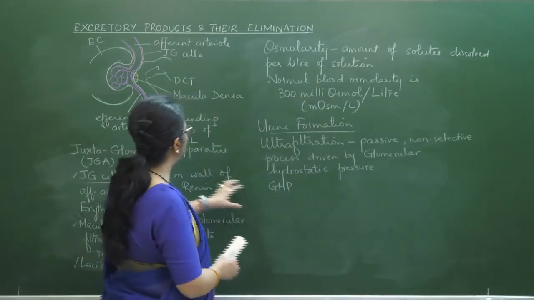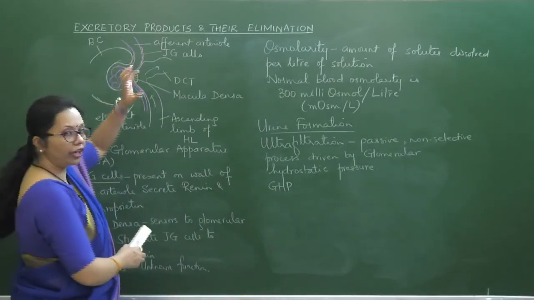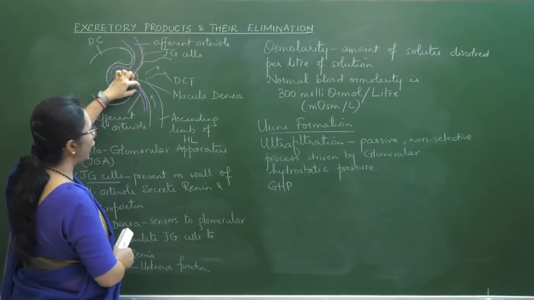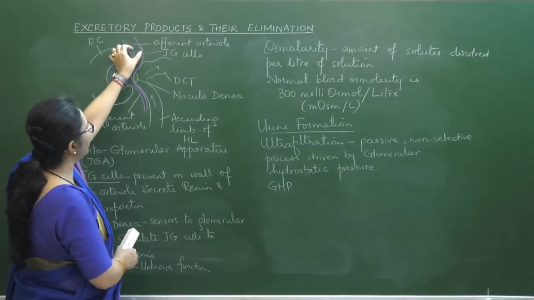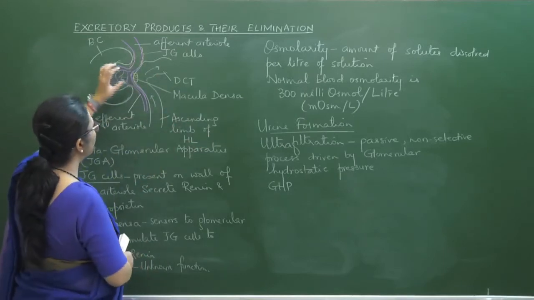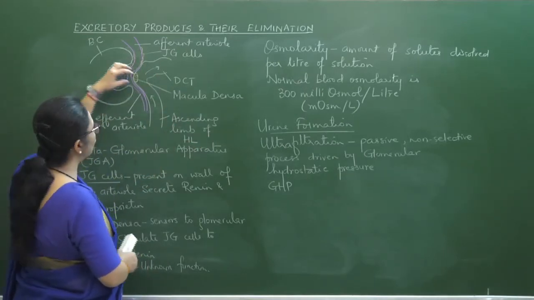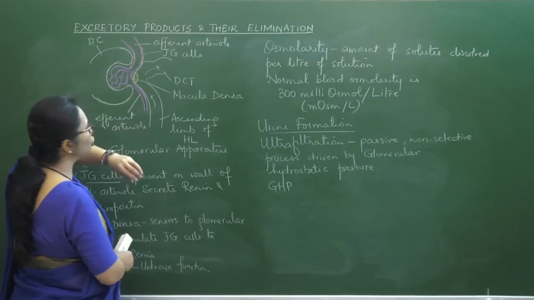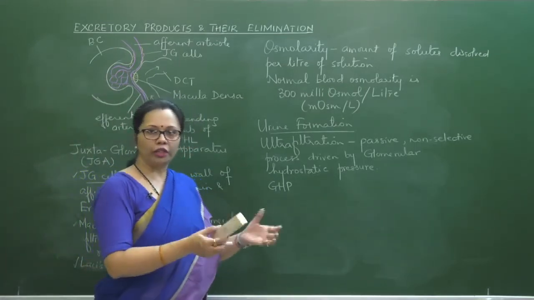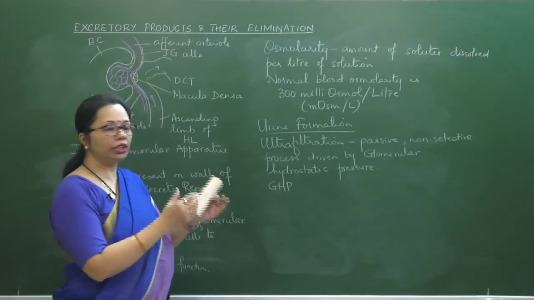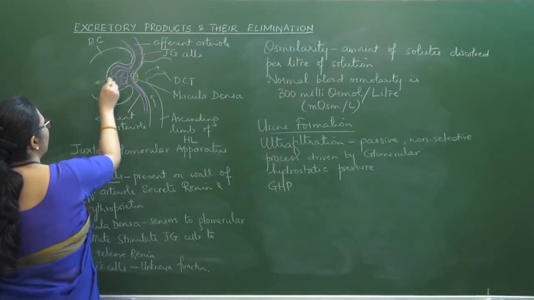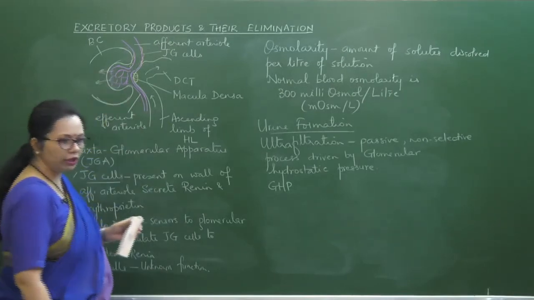GHP develops due to the anatomy, that is the broader afferent arteriole and narrower efferent arteriole. If the vessel is broad, more blood volume is coming through it, and this large volume of blood now has to squeeze through a thinner blood vessel, so certainly pressure would be generated. A bottleneck is created, and since these glomerular capillaries are so permeable, the fluid will come out and go into the Bowman's capsule.